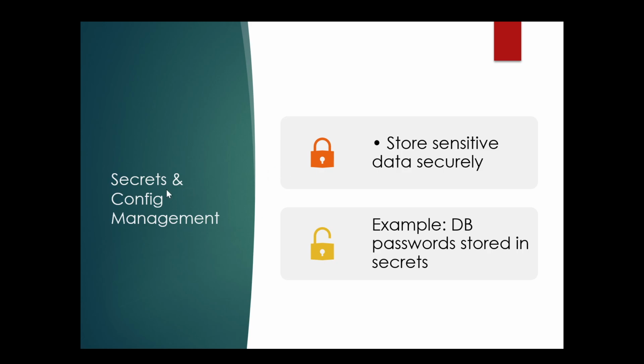Now here, secrets help you store sensitive data securely. For example, if you have data like usernames and passwords, SSL keys, any kind of certificates like keys and key passwords, those can be stored as part of secrets and then called via pods.